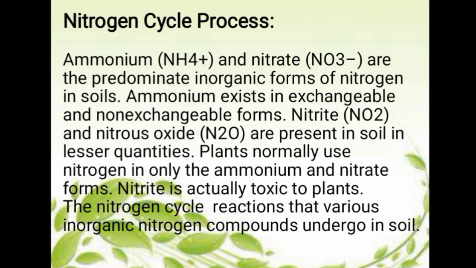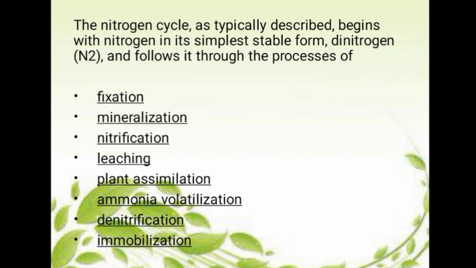So the nitrogen cycle is a repeating cycle of processes during which nitrogen moves through both living and non-living things. The nitrogen cycle, as typically described, begins with nitrogen in its simplest stable form and follows it through the processes of fixation, mineralization, nitrification, leaching, plant assimilation, ammonia volatilization, denitrification, and immobilization.